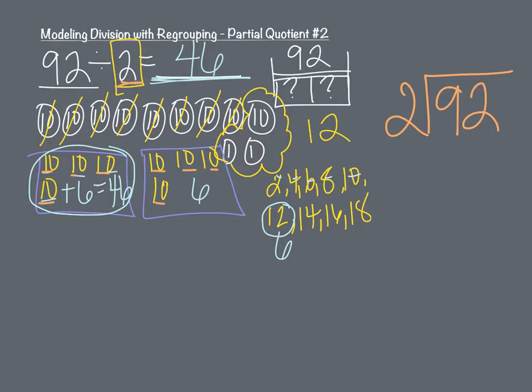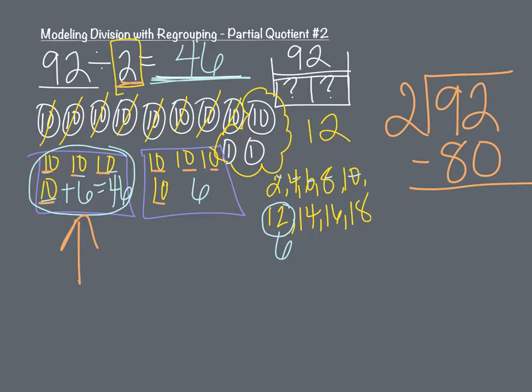Excellent, 80. So I was able to take 80. Now I have to show what was in each group. I have to put that in the quotient. So I know in my division that I'm going to be subtracting, but I have to show on the top in the quotient area how many 10s I took to make the 80.